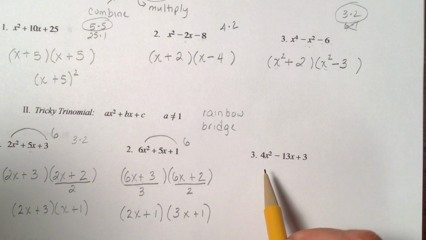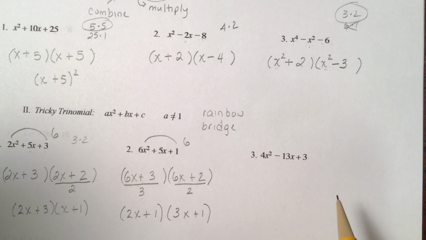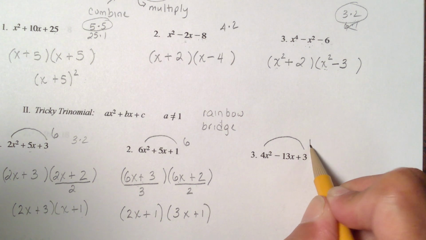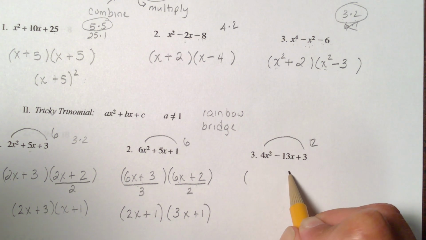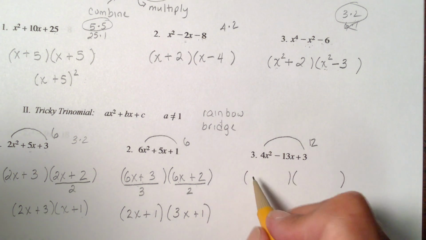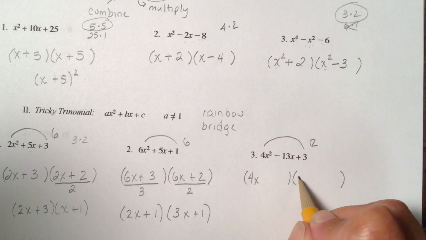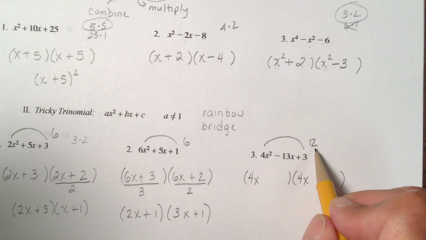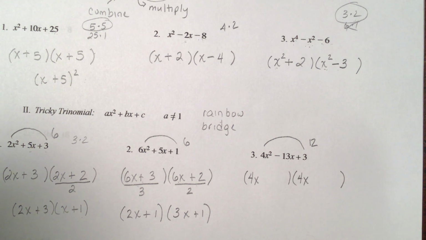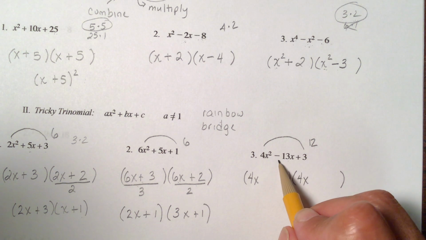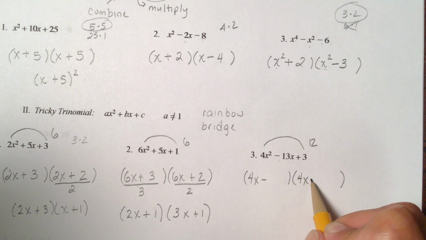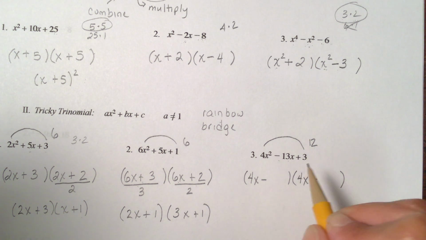In our last example, I have 4x squared minus 13x plus 3. So we're going to do 4x, 4x. 2 factors that multiply to 12 and combine to give me negative 13. So I want a positive 12 and a negative 13. So both of these are going to be minus this time.